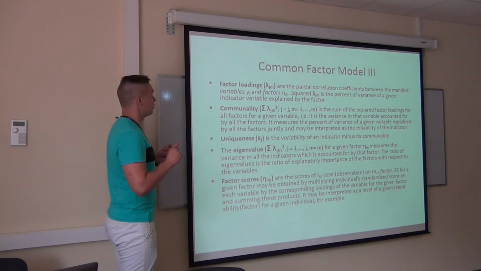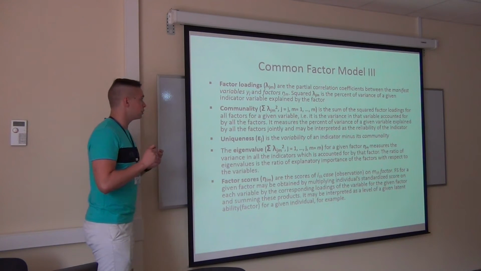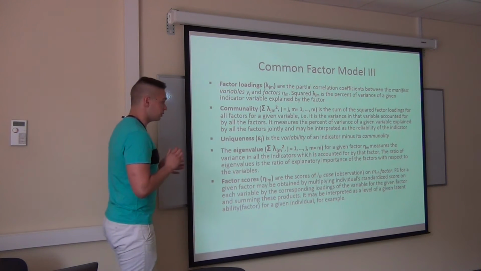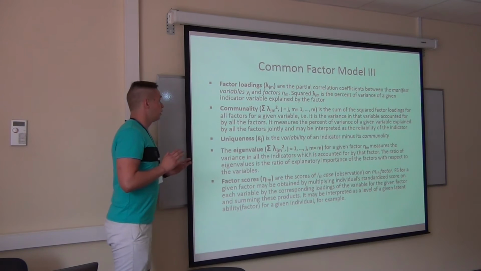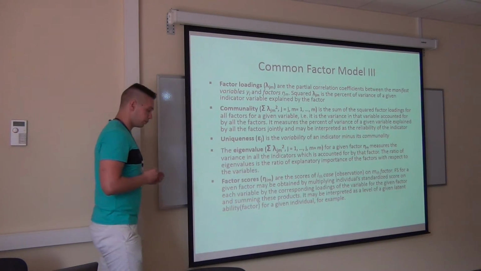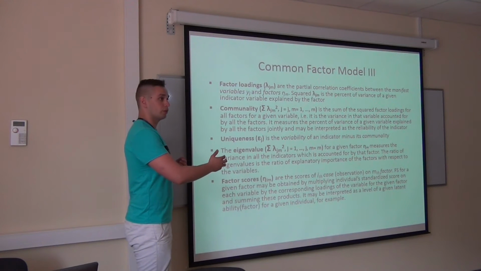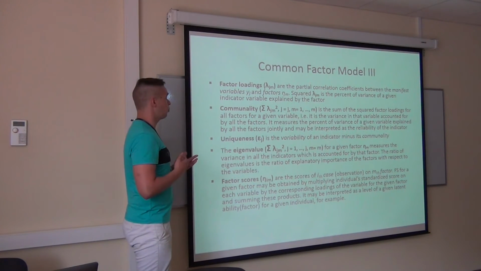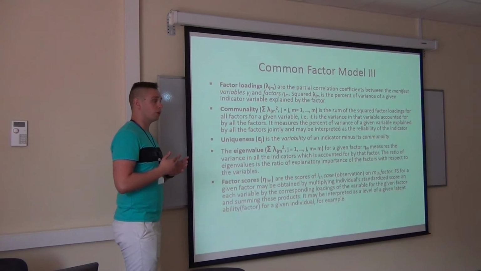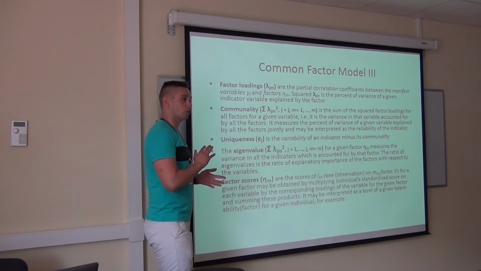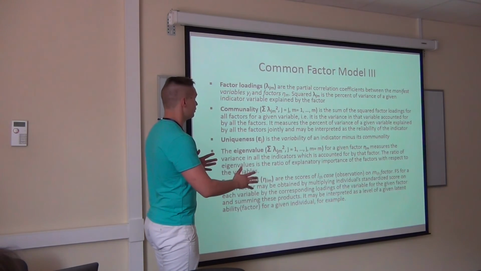Which are the basic concepts which are used in the general factor model? I already said that factor loading is a counterpart of regression coefficient, beta coefficient in regression, and we can understand factor loadings as the partial correlation coefficients between the observed indicators and latent variables.